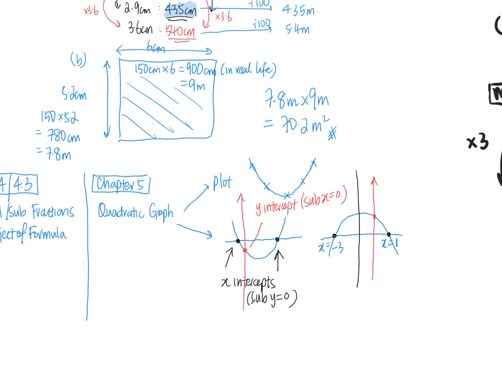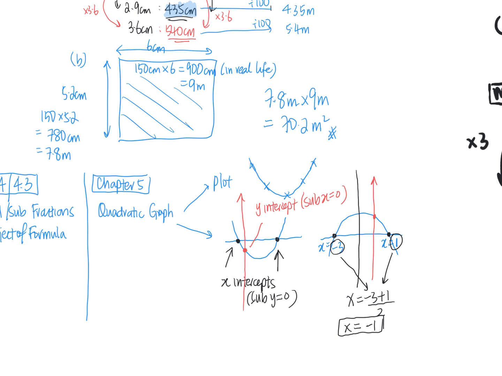So to find the line of symmetry, take these two x values, add together, divide by 2. So it will give you -1. So your line of symmetry is x equals -1. Can you understand? So if you have the two x-intercepts and you want to find line of symmetry, add the two coordinates up, divide by 2. So you can get line of symmetry.